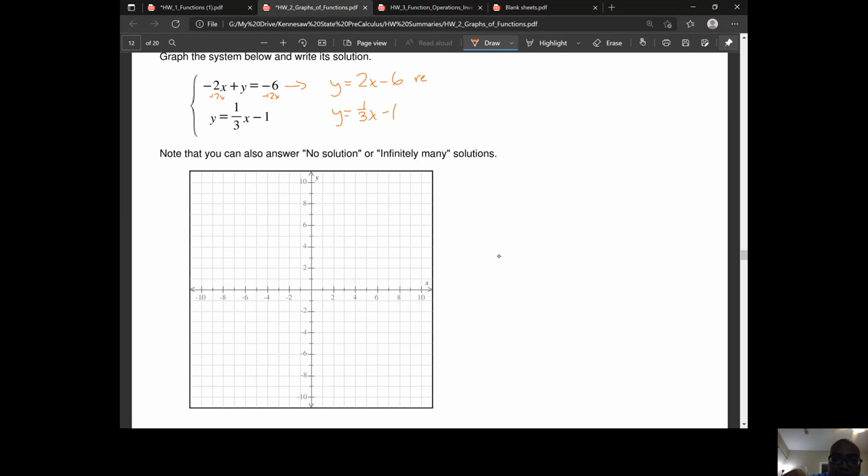This will be red, and this will be blue. So red, -6, you go here. And then my slope is 2, which is the same as 2 over 1. So I go up 2 over 1, up 2 over 1, up 2 over 1.